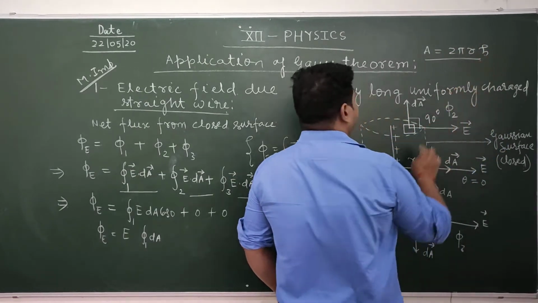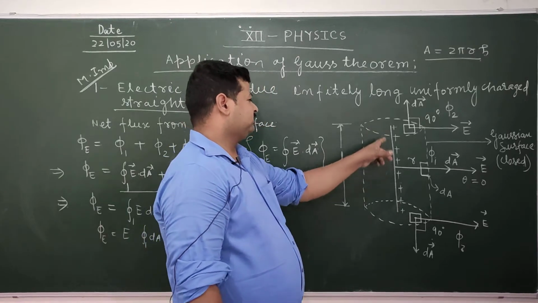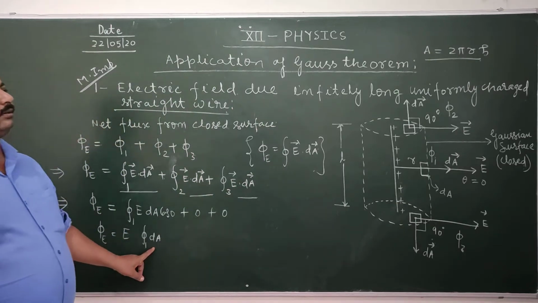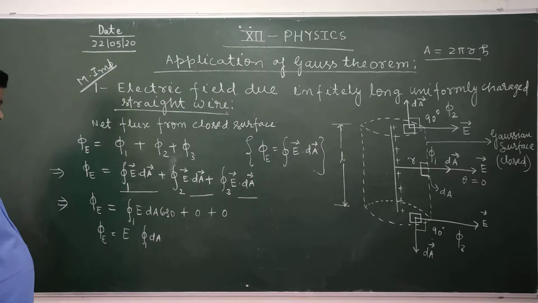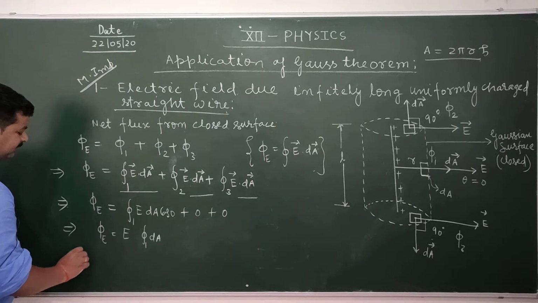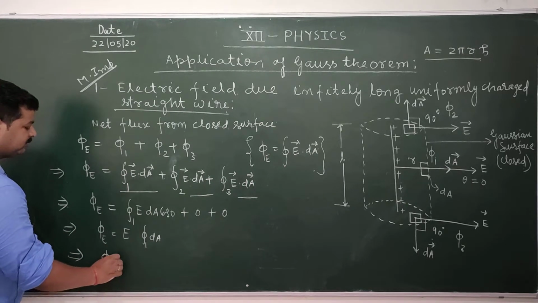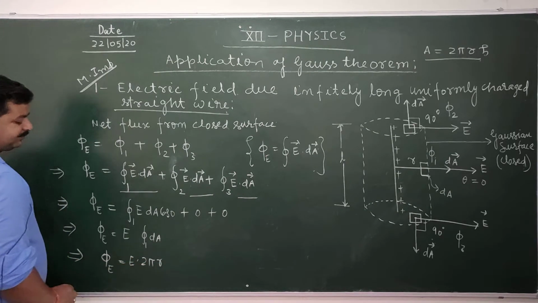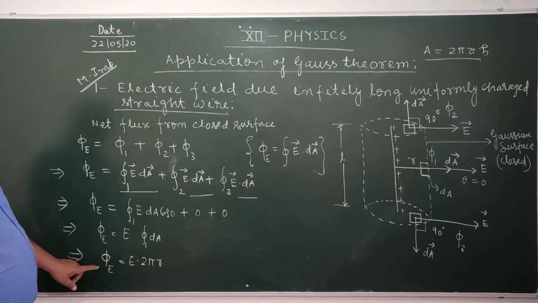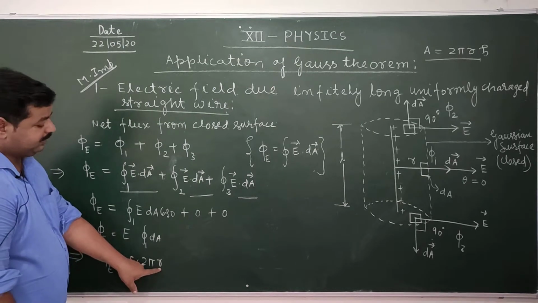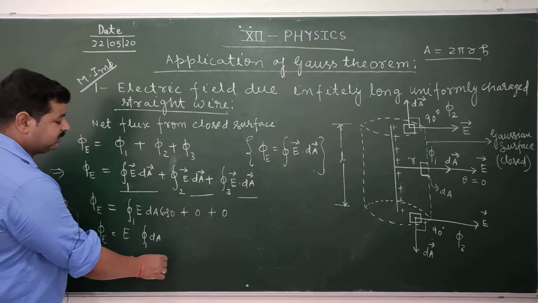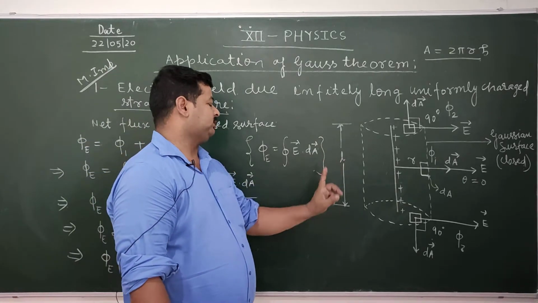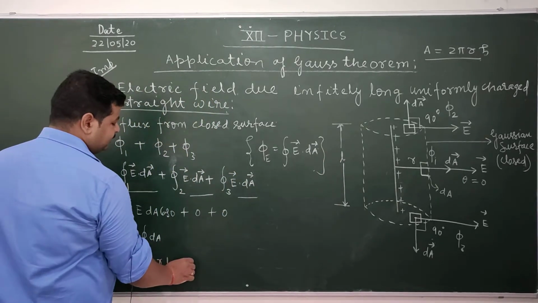But here in place of h we consider the height of the cylinder to be L. So the area of the curved surface is equal to 2 pi r L. In the next step we write phi E is equal to E into 2 pi r L. This is equation first.